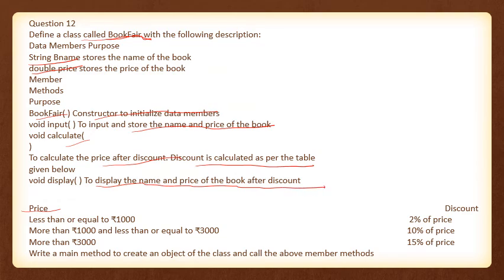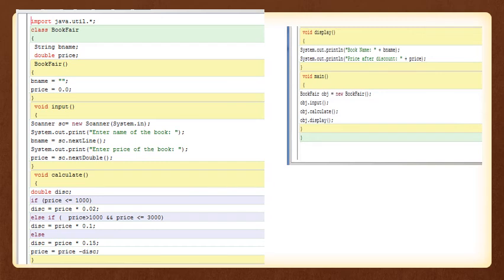Let's see the program. So first define the class BookFair. Then define all the data members. Then the constructor. Initialize bname, a string, with double quotes, and price, a double, with 0.0.